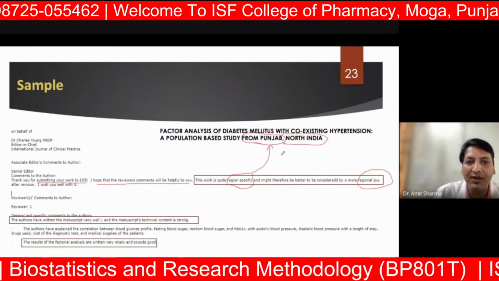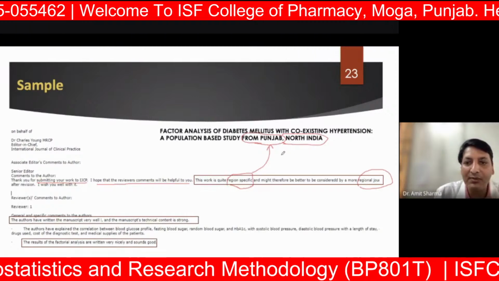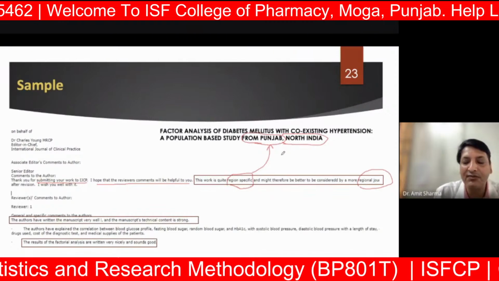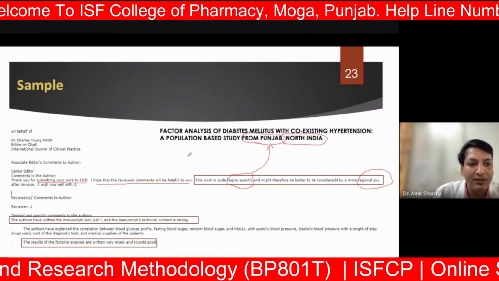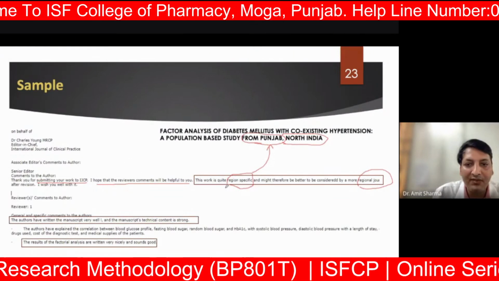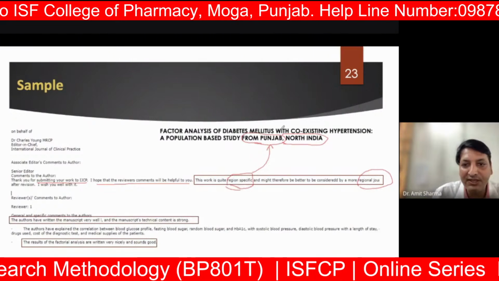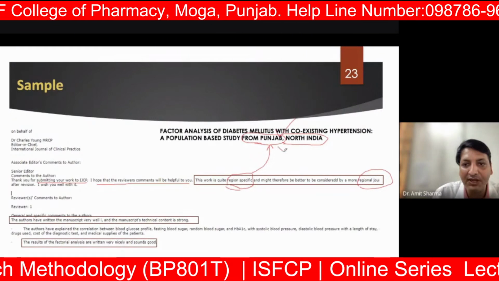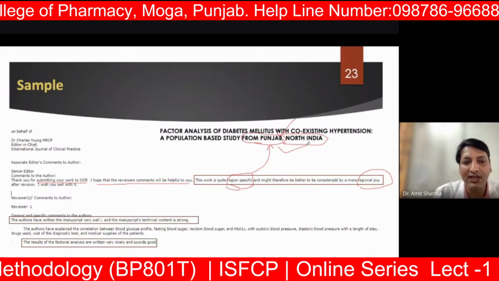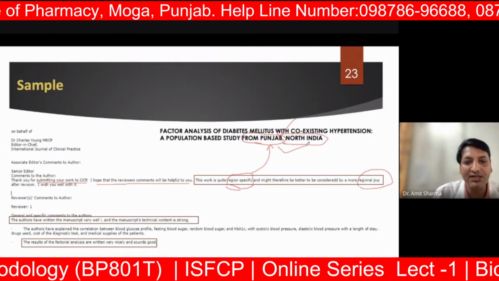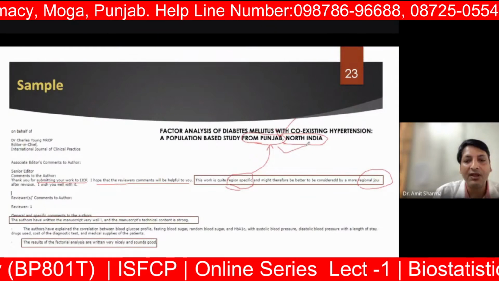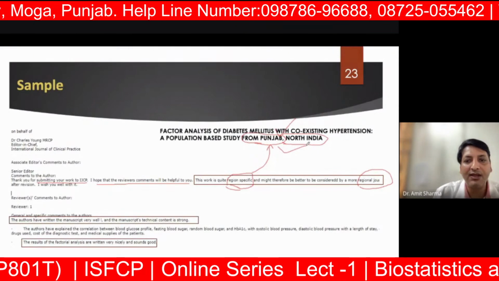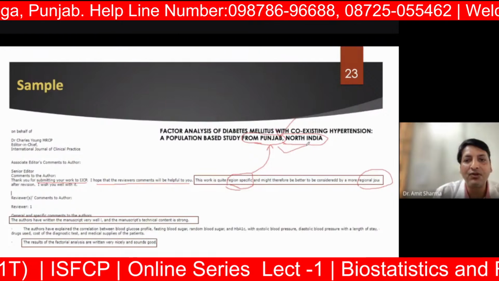What is going to happen in diabetic patients suffering from coexisting hypertension in Punjab? They rejected my paper because of the terms Punjab and North India, because IJCP, the International Journal of Clinical Practice, is an international journal with readers from all over the world, and they are not that interested in what's going on in Punjab.